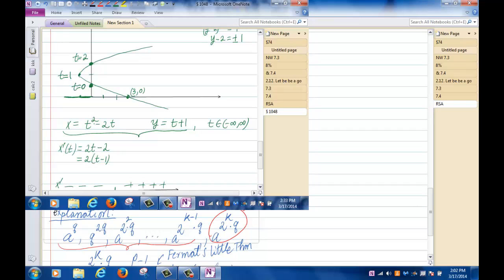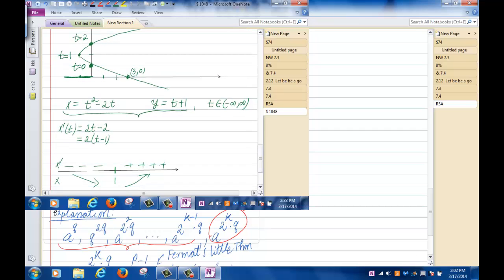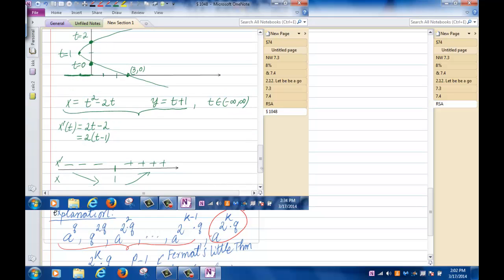So is it clear then that as t increases, the x coordinate is decreasing, right? Decreasing all the way up to time 1 to the vertex.